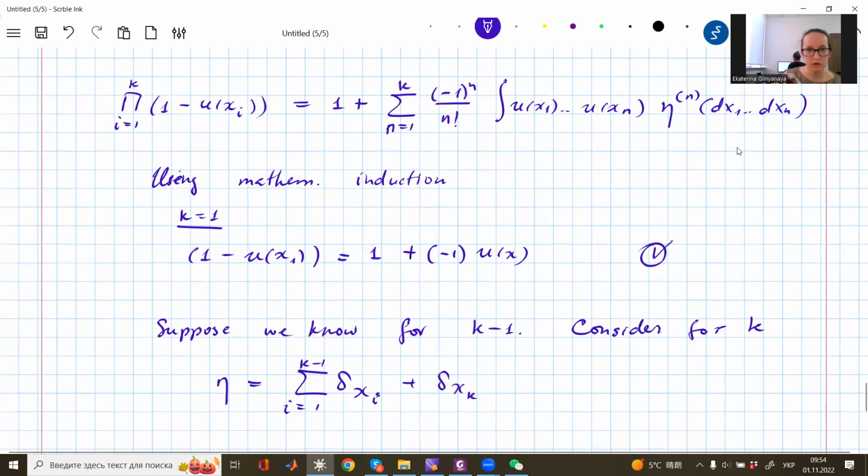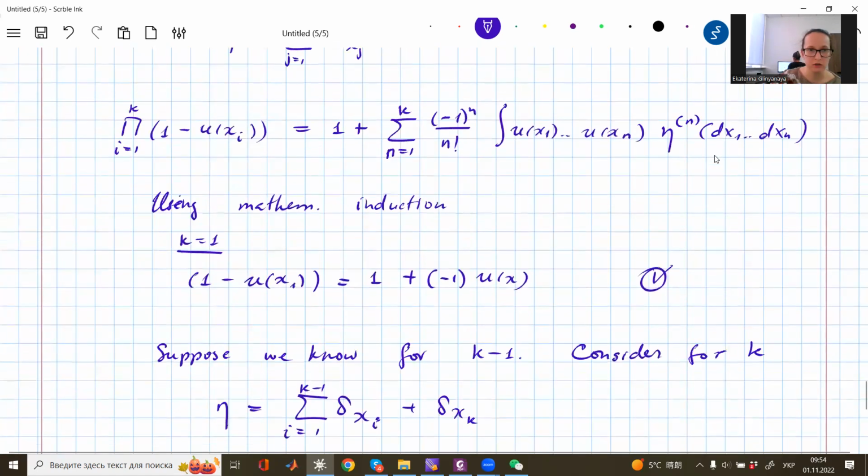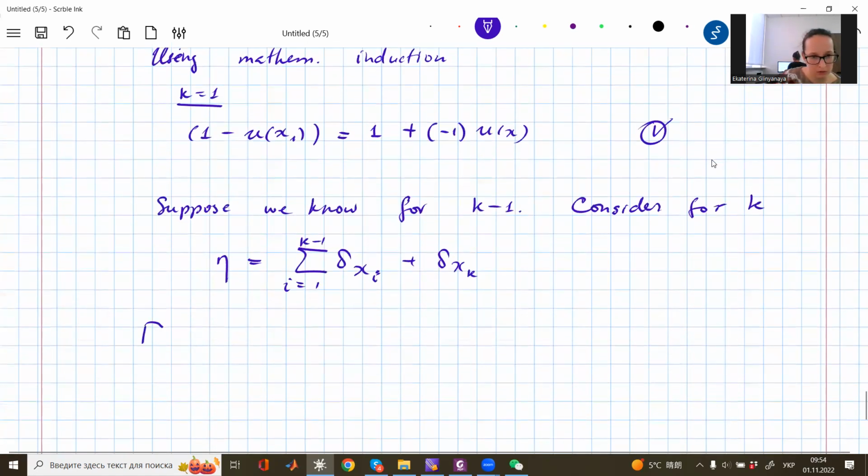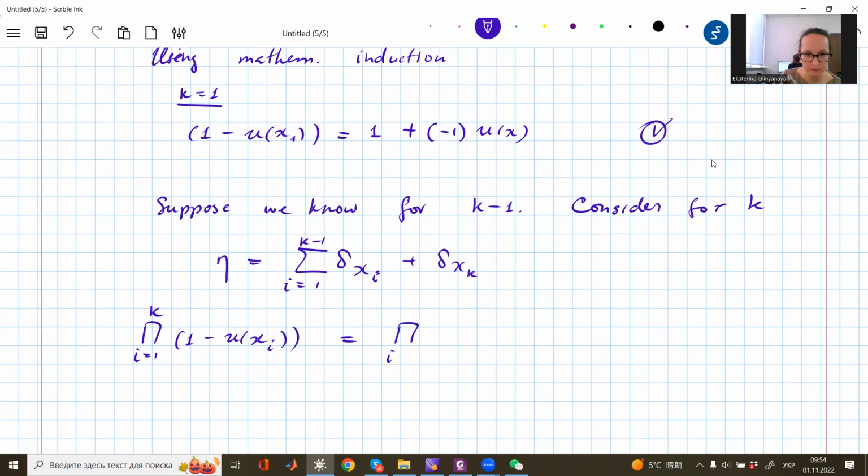And let's consider this. This is just a simple calculation: the product of 1 minus u of x_i from 1 to k. Okay, I split it into two parts, k minus 1 and the last one.